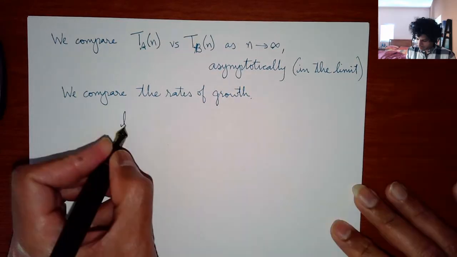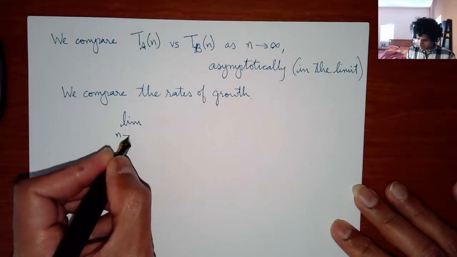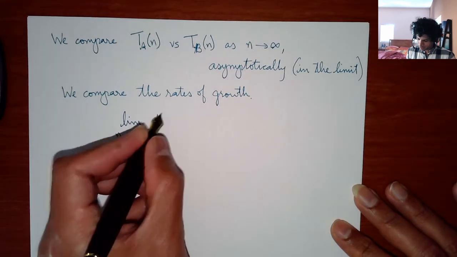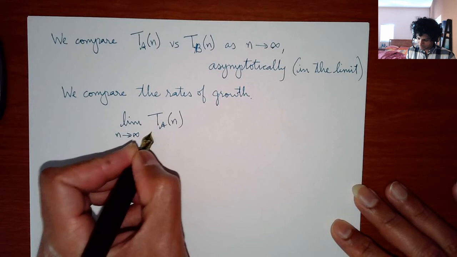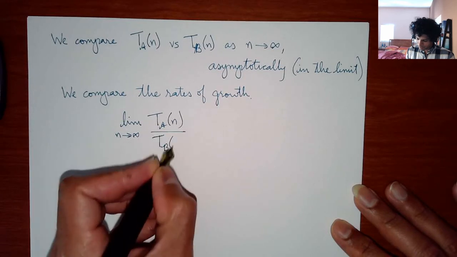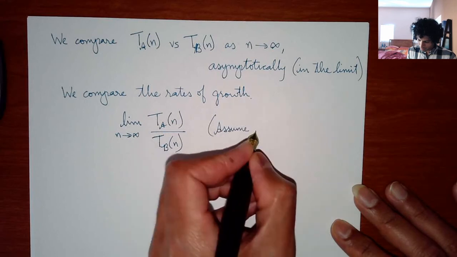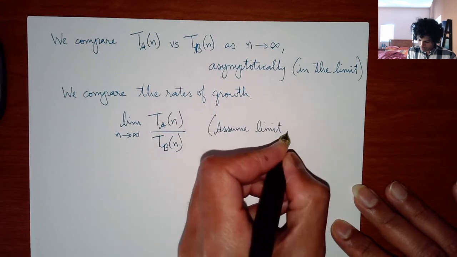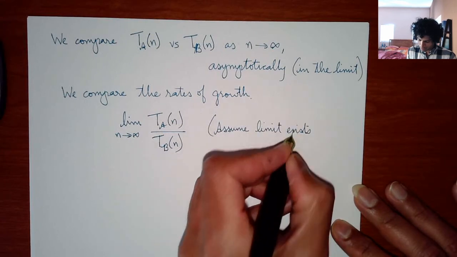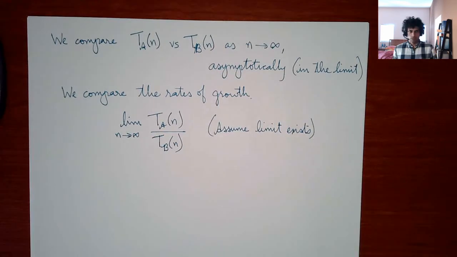So consider the limit of n going to infinity of T_A of n divided by T_B of n, and let's assume the limit exists. Because the limit might not necessarily exist in some cases, but let's not worry about that.